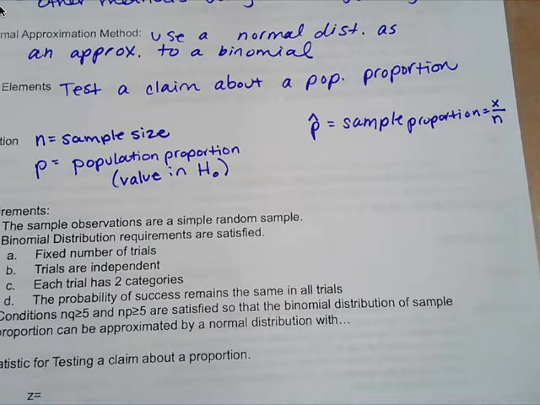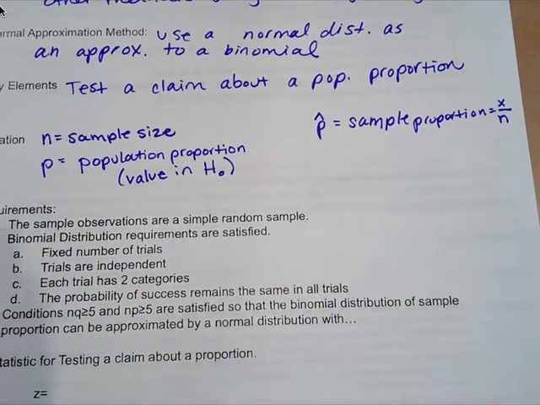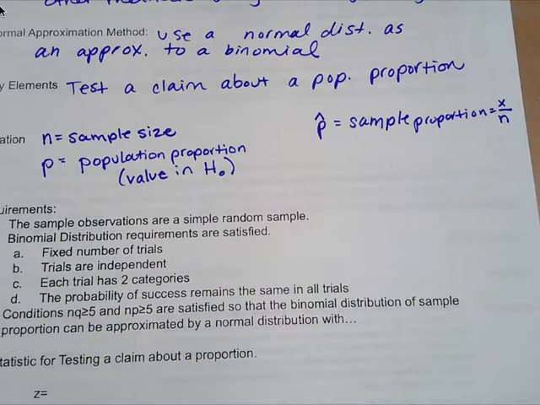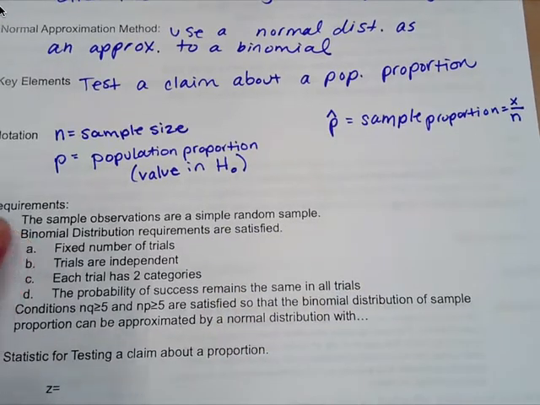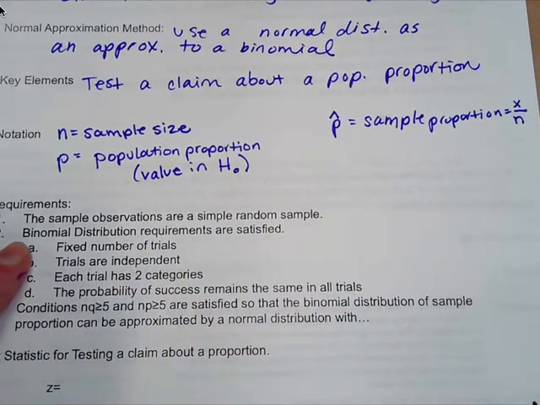So binomial, remember you have two choices, success and failure. That's always binomial, so make sure to remember that. The requirements for this normal to binomial is that you have a simple random sample, and the binomial distribution requirements are satisfied.